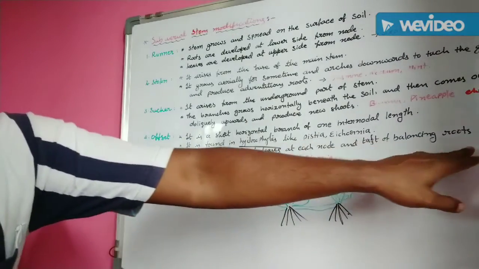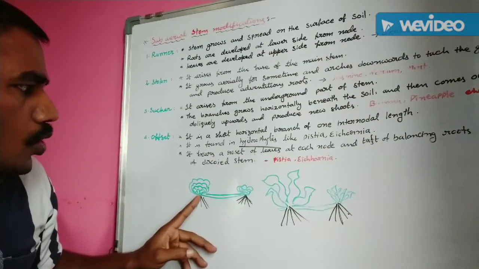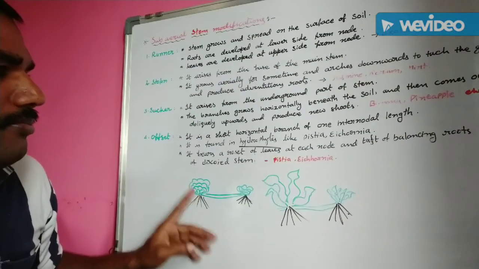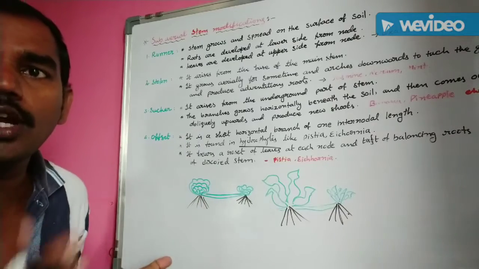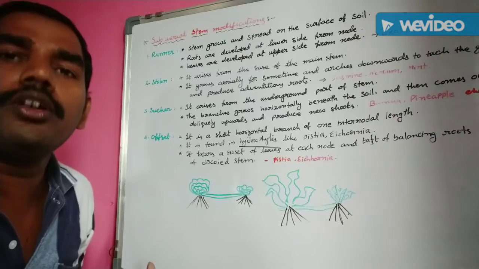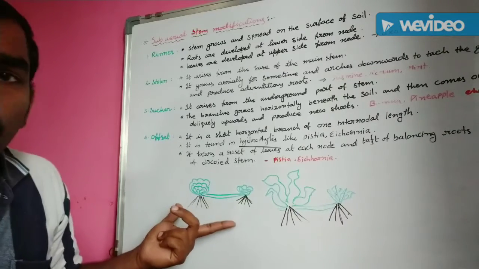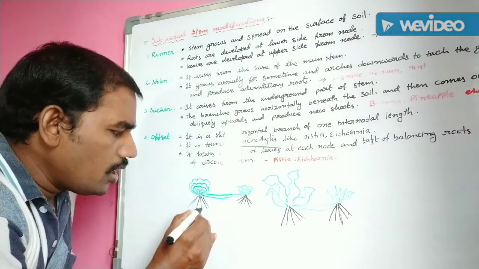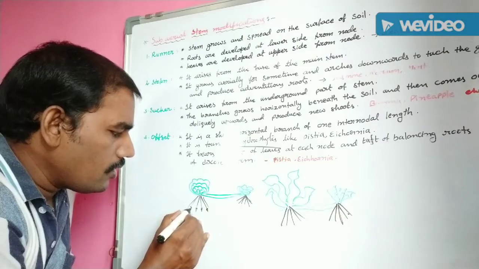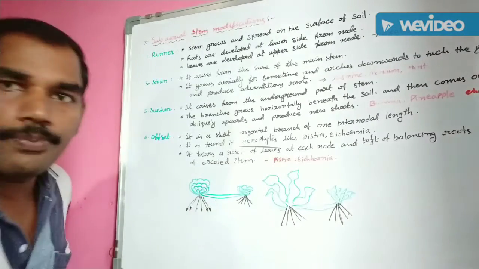Tuft of balancing roots form from the base of the discoid stem. The base of this discoid stem consists of balancing roots. You already discussed balancing roots in our root modification. Next one, the hydrophytes especially consist of root pockets at the tip of the root, not root caps.